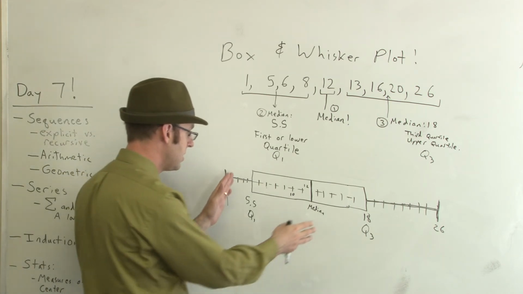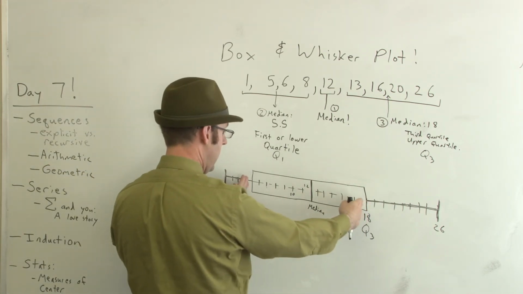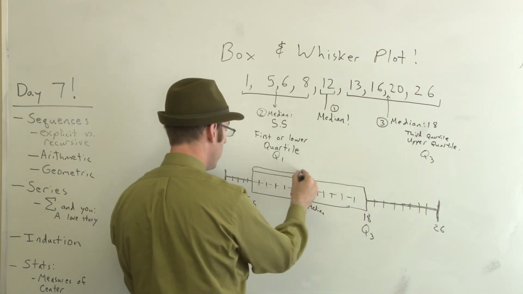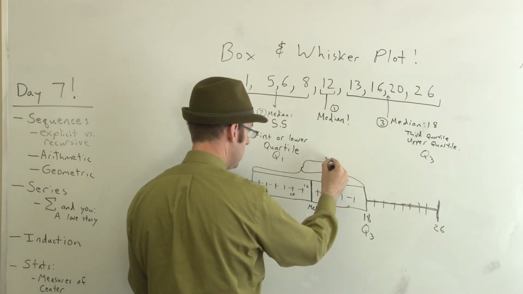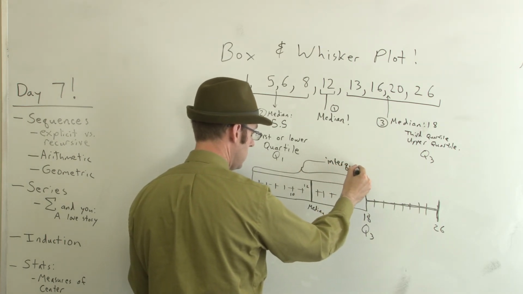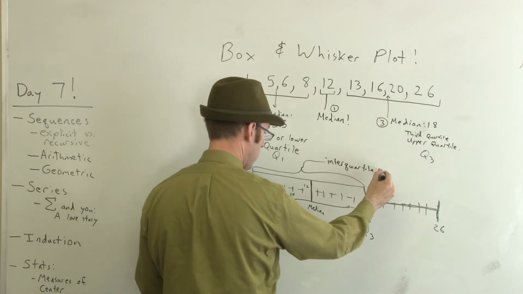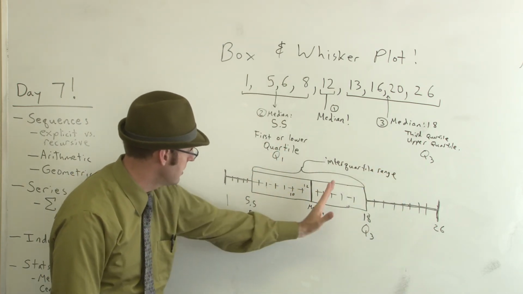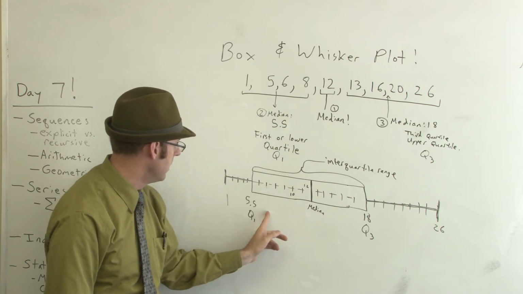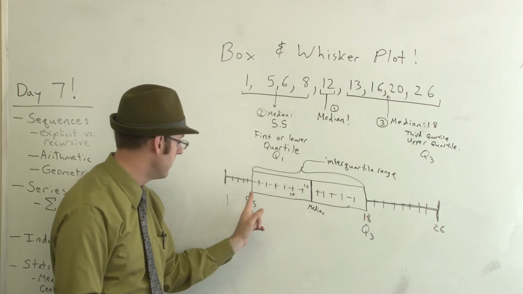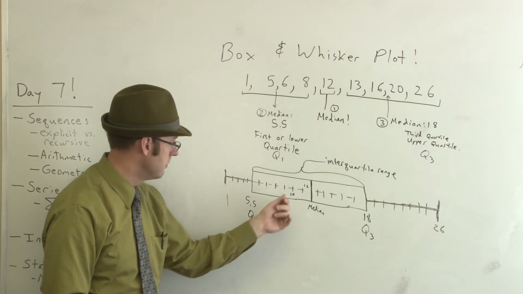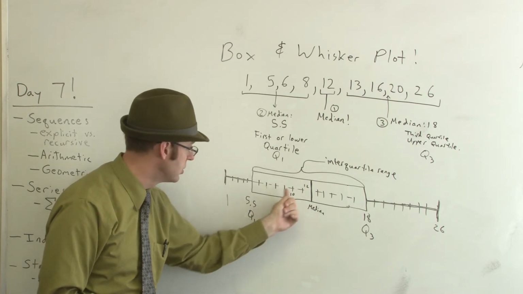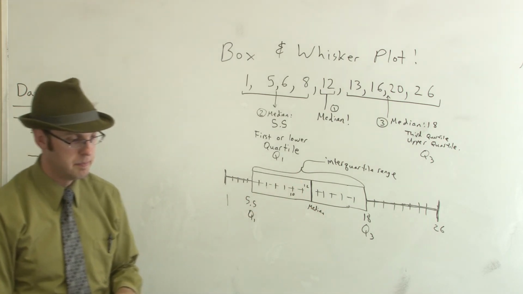And I know that in terms of what we call the interquartile range, I'm shifted a little to the right. I'm a little bit closer to 18 than I am to 5.5. So my median isn't right in the middle, it's shifted a little bit to the right.